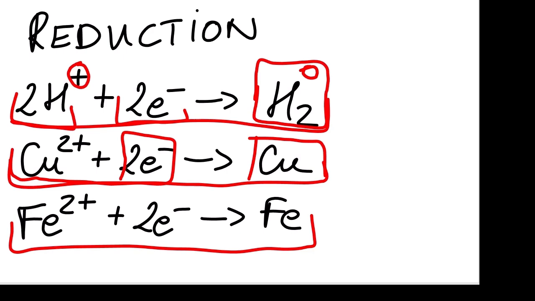Previously, I showed you the oxidation reaction of iron, from the metallic form to the electrons and cation form. Here we have a reverse reaction, from cation form to metallic form, and it is a reduction reaction.